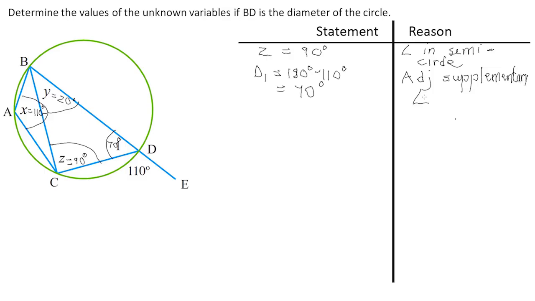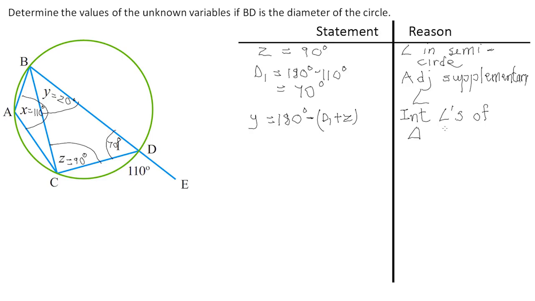Then the next one we solved was y. Obviously, y will be equal to 180 degrees minus d1 plus z. The reason: interior angles of a triangle. And it's very important to be specific.